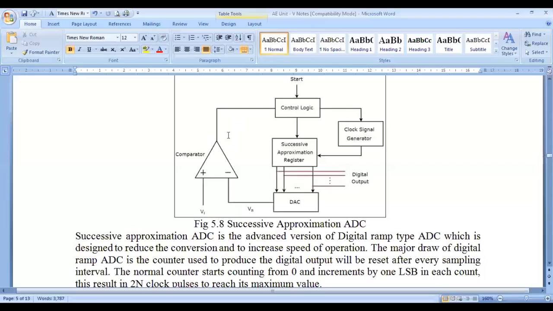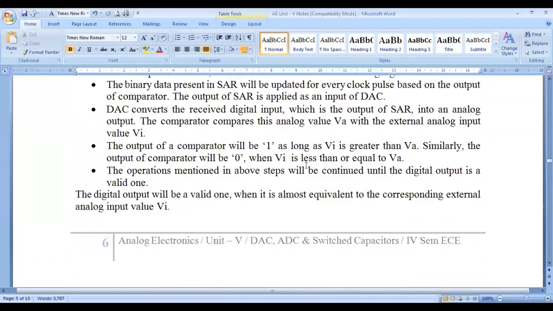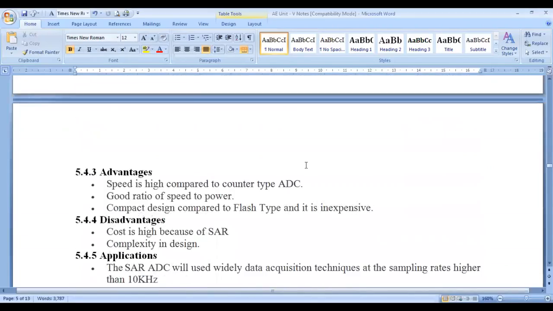When VI equals VA, the comparator output becomes 0. At that time, the total process stops. The count available in SAR becomes the digital output of the given analog signal. This method is called successive approximation ADC.